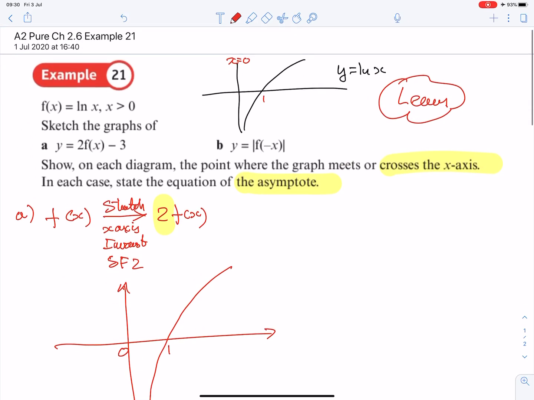Then we subtract 3. So we go to 2f of x, take away 3. Again, the change is outside the f bracket, so it's a movement in the y direction, and it's subtracting, so it's a translation, 0 across, 3 down.